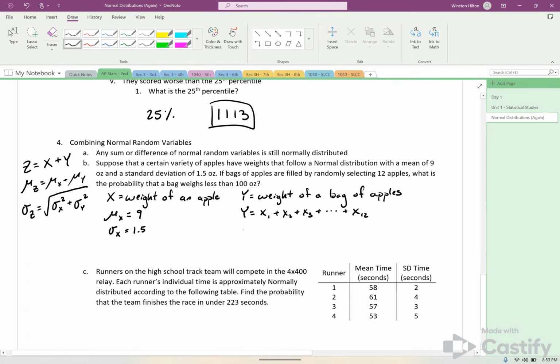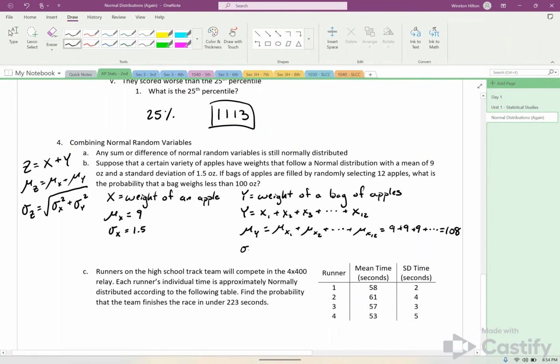So the mean of y is going to be the mean of x1 plus the mean of x2 plus all the way up to the mean of x12. Each of those has a mean of 9, so that's 9 plus 9 plus 9, 12 times, which is 108. So the mean of y is 108.